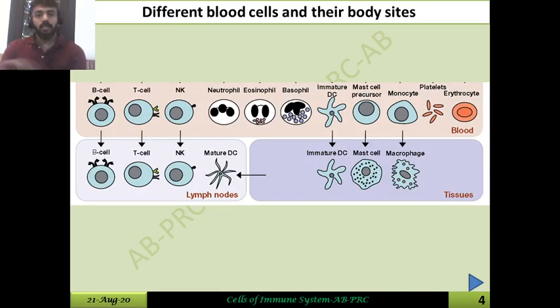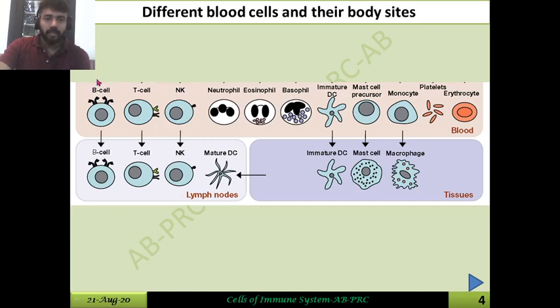In this slide we can see the different cells seen in blood, the immune cells, and these cells are not only seen in blood. All these cells are located in blood, certain cells are found in lymph and lymph node, and certain cells are found in tissues. Here you can see the B cell, T cell, and NK cells.